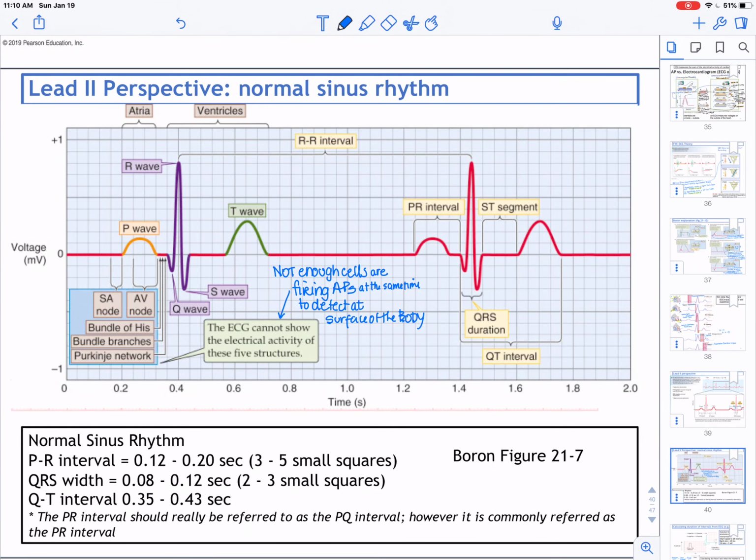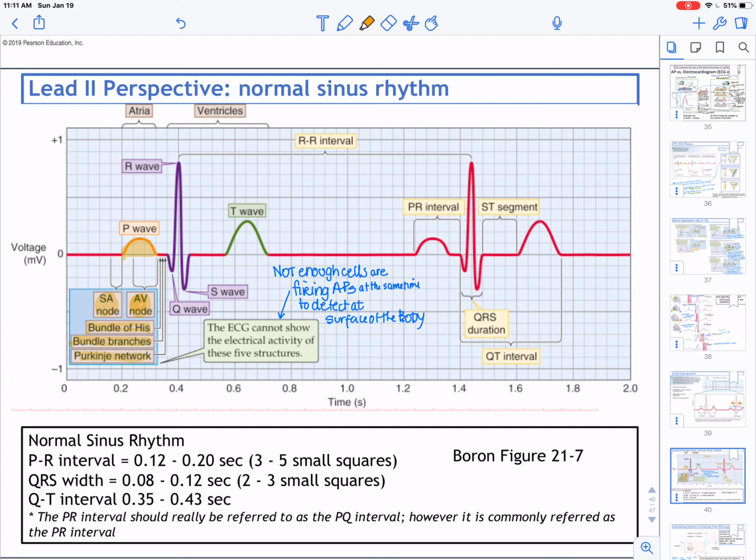It's a little bit more detailed of a slide, and again, the electrical events that are occurring are SA node excitation that leads to excitation of all the atrial cells, then AV node excitation that leads to conduction through the bundle of His, bundle branches, and Purkinje network.